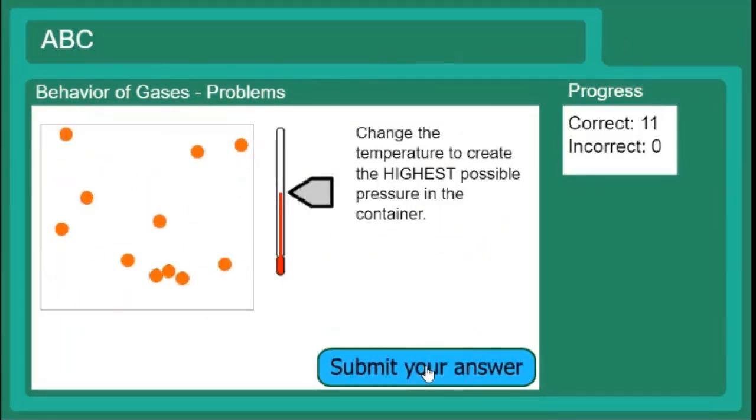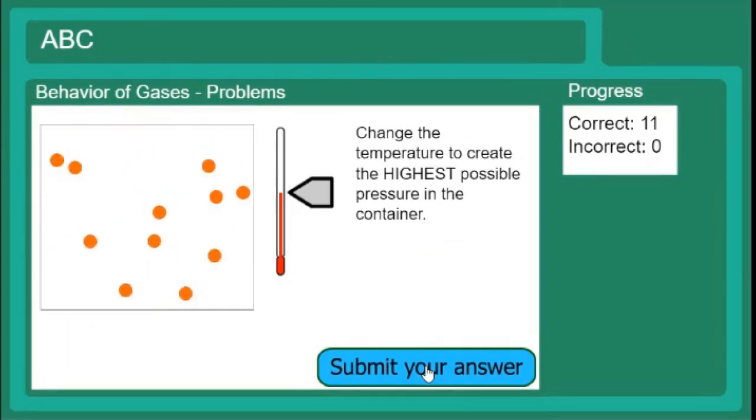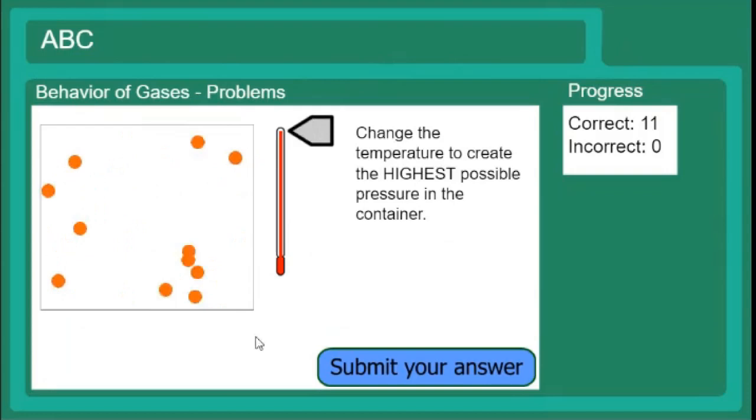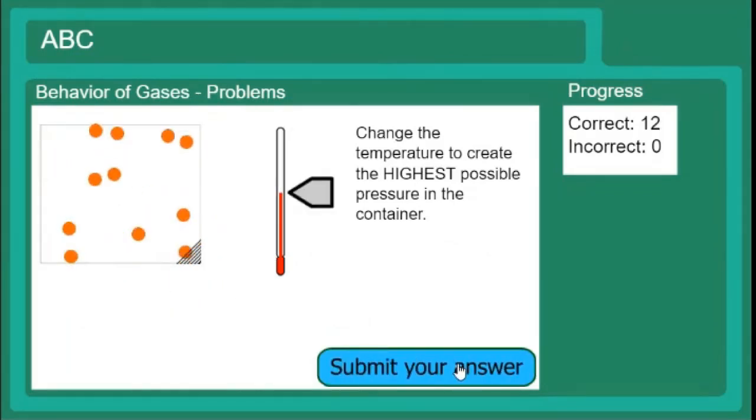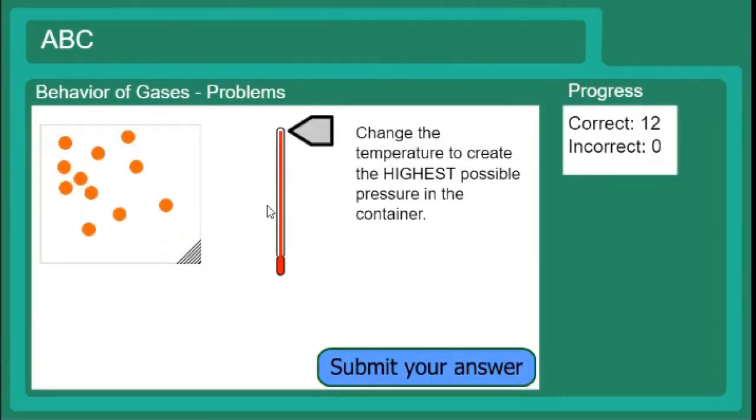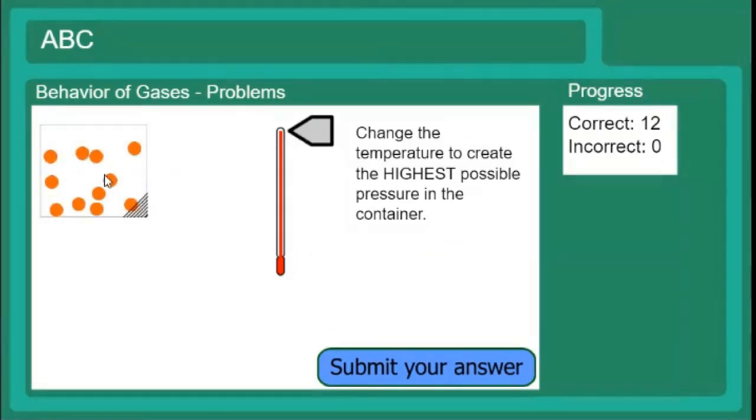Lagi 4 soalan. Okay, change the temperature to create the highest possible pressure. Okay, dia ada 2. Change the temperature to create the highest possible pressure in the container.